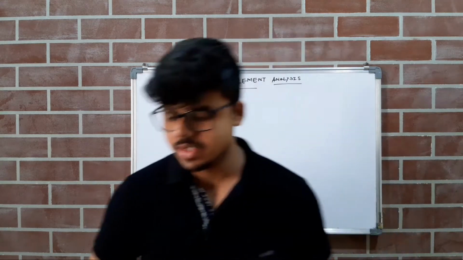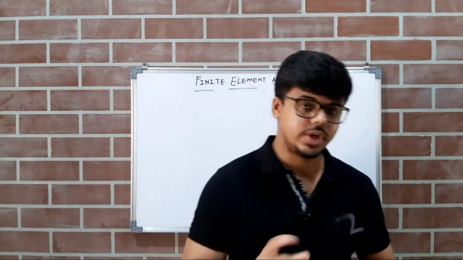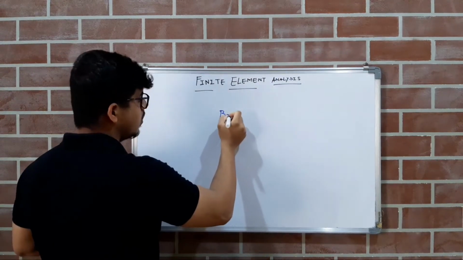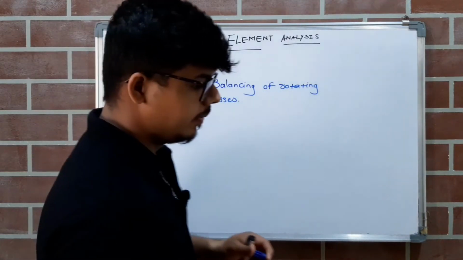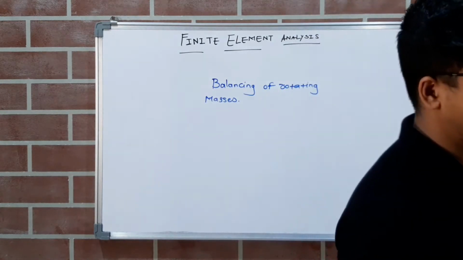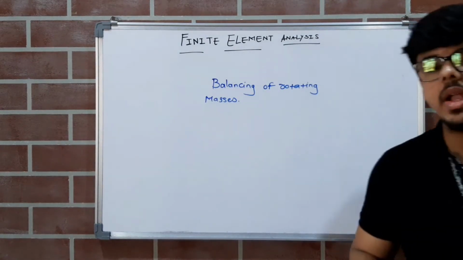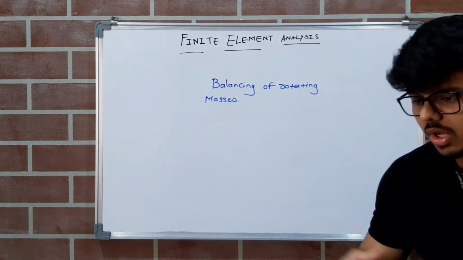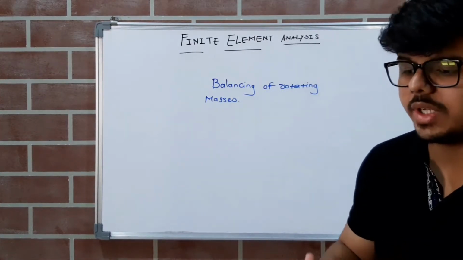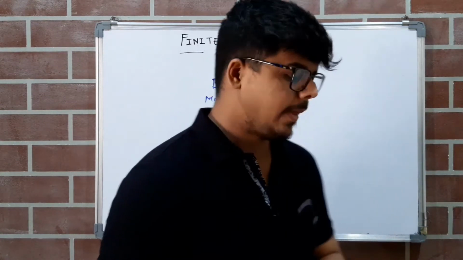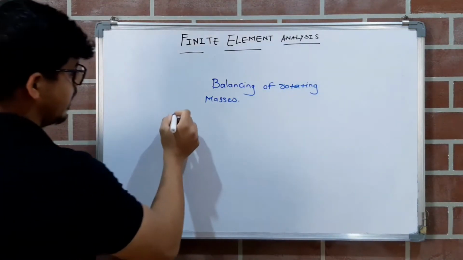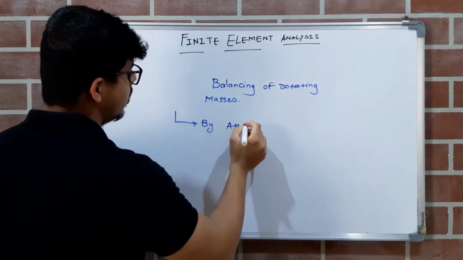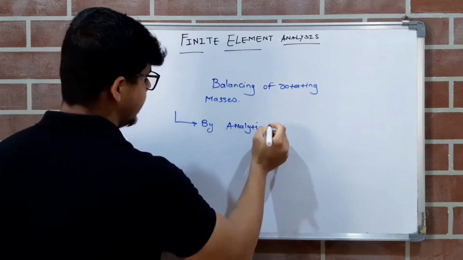Now let us consider that we are dealing with balancing of rotating masses. Try to recall the ways by which we can balance the rotating mass. First was the analytical method, where we were balancing the rotating masses analytically.